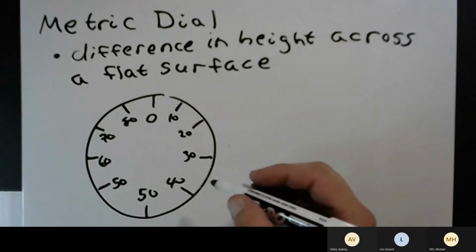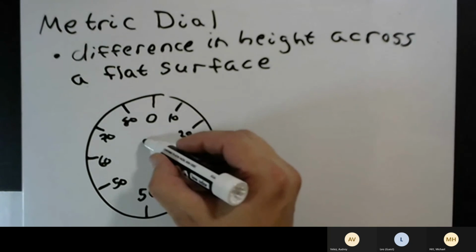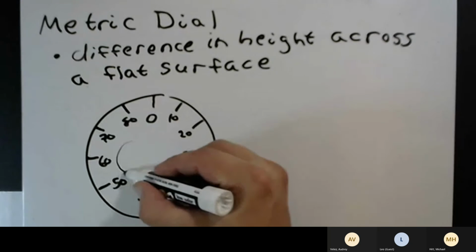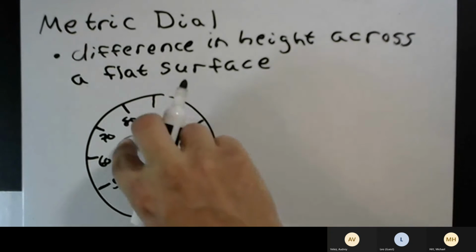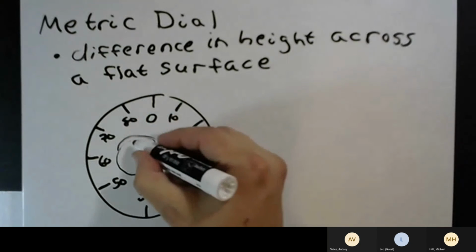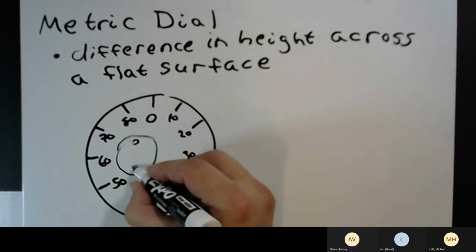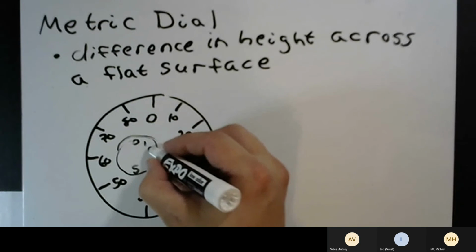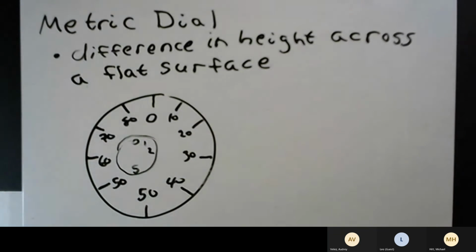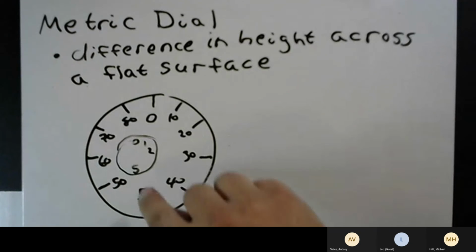And so the smaller dial, it's usually off to the side, but it would have to be more in the center just because of space considerations. I'll put it in the middle here.